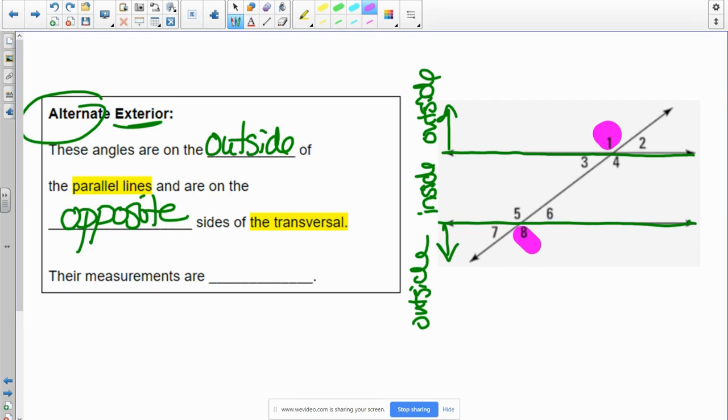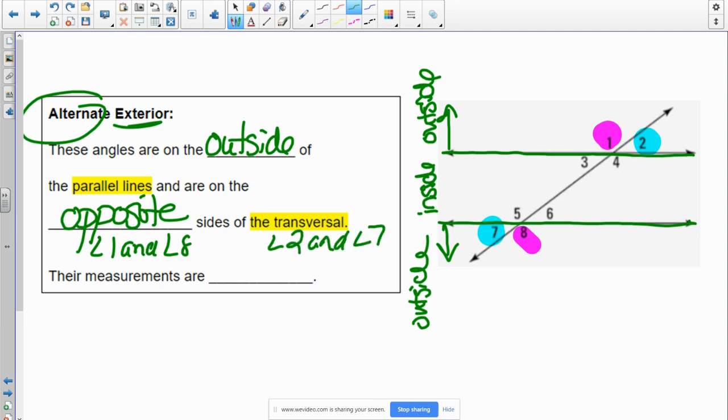So 1 and 8 are alternate exterior. And then also 2, because we're on the outside. Since 2 is on the right side of the transversal, we're going to look at the one on the left side of that transversal, which is 7. So we'll write down what we just recorded. Angle 1 and angle 8 are alternate exterior, and angle 2 and angle 7.